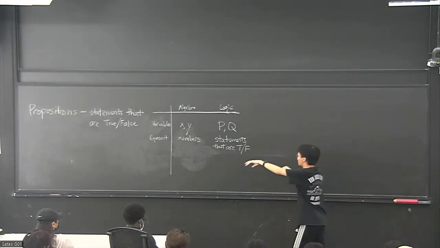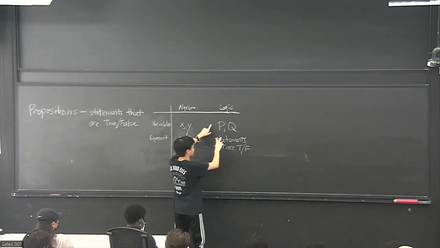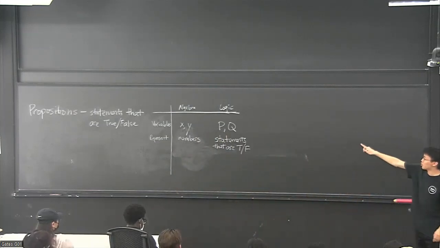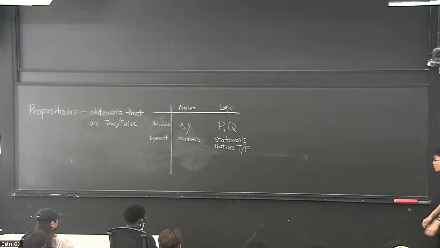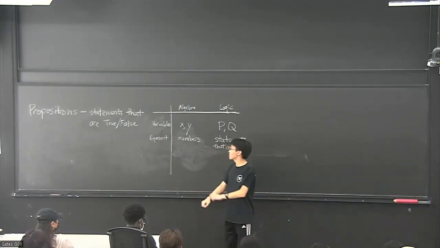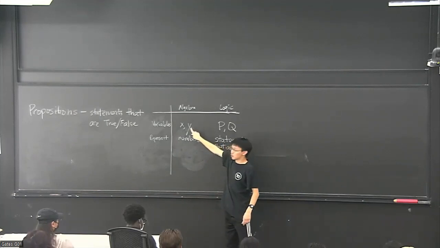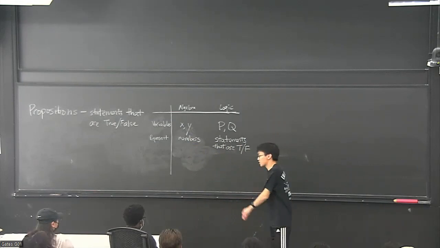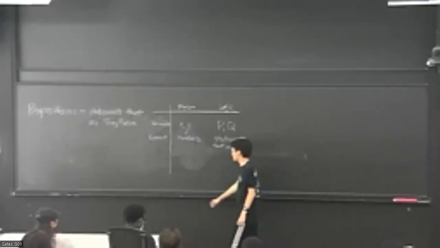The fact that I use lowercase or uppercase or what letters I use is not too important. In both areas of math we can use variables to represent certain objects in that system. In algebra, we use variables to represent numbers, and in logic, we use variables to represent statements which are true and false.